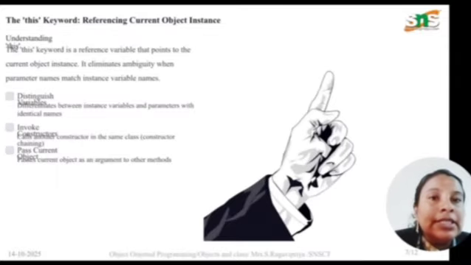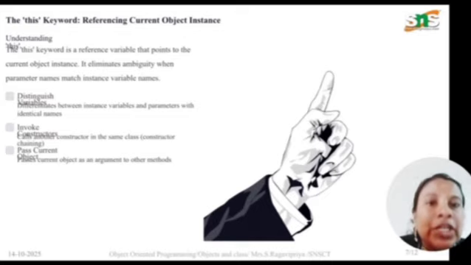The this keyword refers to the current object instance. Understanding this: the this keyword is a reference variable that points to the current object instance. It eliminates ambiguity when parameter names match instance variable names. It distinguishes between instance variables and parameters with identical names.